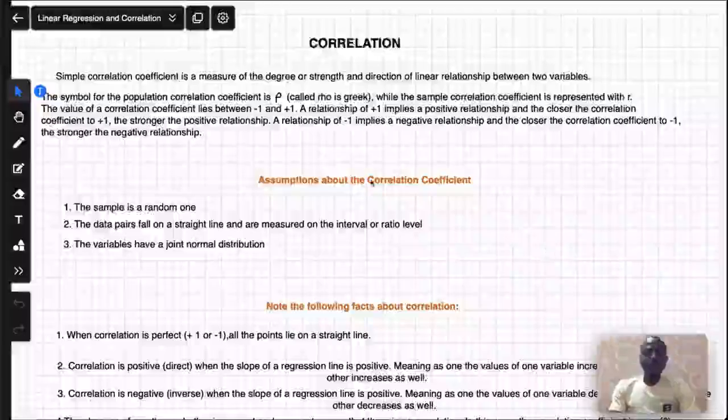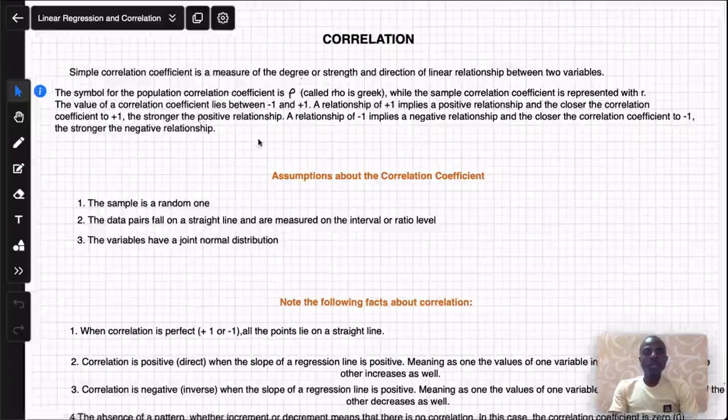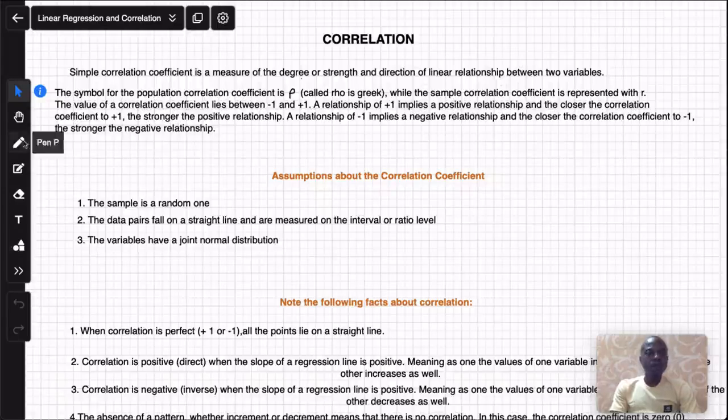All right. So we are going to be looking at what we call correlation. A simple correlation coefficient is a measure of the degree of strength and direction of linear relationship between two variables. And don't forget, we talked about our variables x and y the other time.